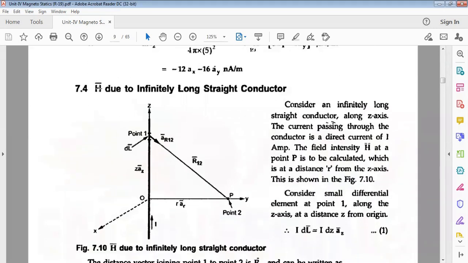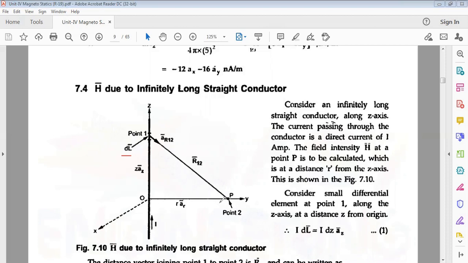See, the magnetic field intensity H bar due to the infinite line charge is a long straight conductor. Let us assume it is the z-axis. On that z-axis, we can assume a small differential length dl bar, that is point 1.